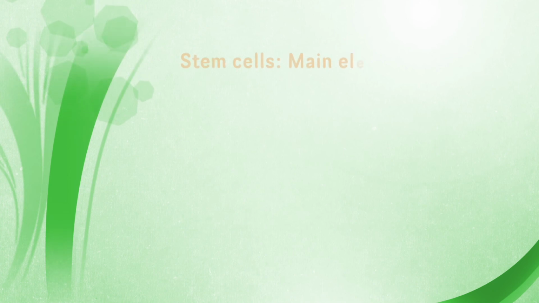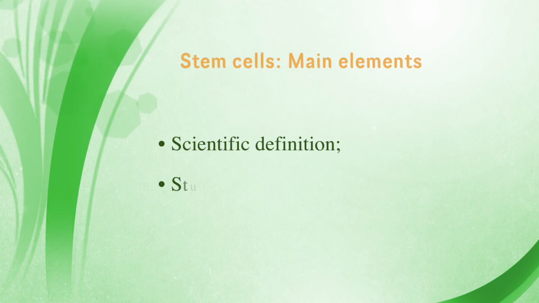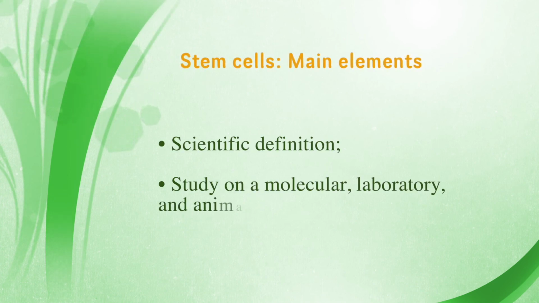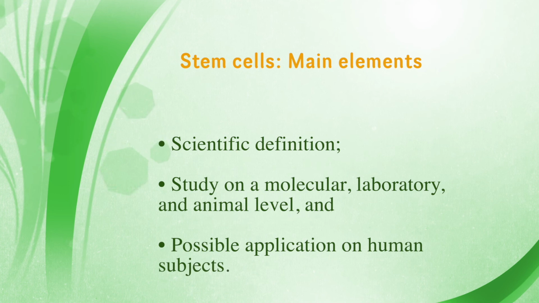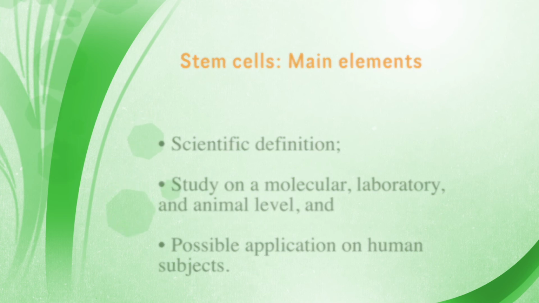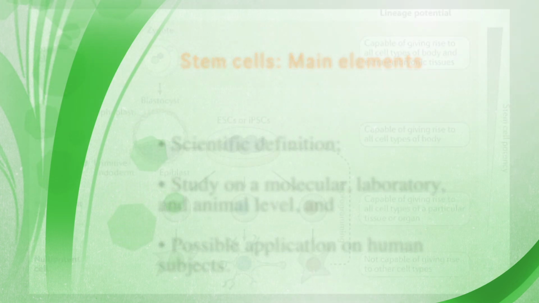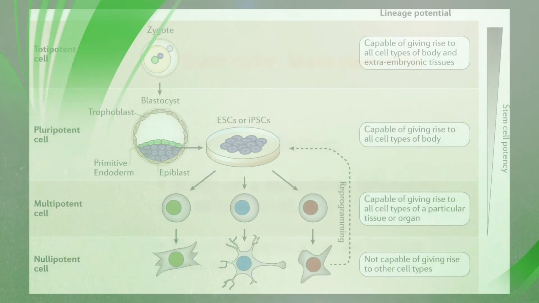And in the book, we just mentioned 3: scientific definition, study on molecular, laboratory, and animal level, and finally, possible application on human subjects. Now, we need to remember that the main controversy on stem cells is related to research in human subjects. And of course, its application in therapy and the moral prerequisites and outcomes in social arena.